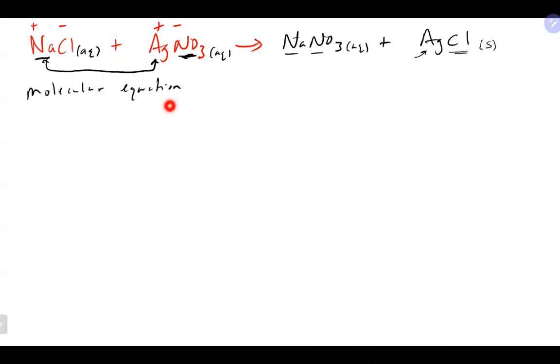And remember that once you have your molecular equation, anything that is a strong electrolyte will 100% break apart. Anything that's a weak electrolyte will stay together mostly, but break apart a little bit. And anything that's a non-electrolyte obviously will stay together. So in this case, sodium chloride is a strong electrolyte, so it will completely break apart into its ions. The silver nitrate also going to break apart.